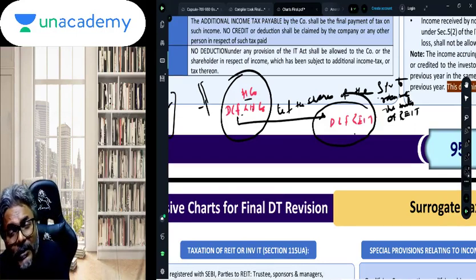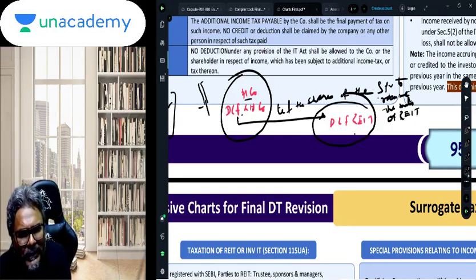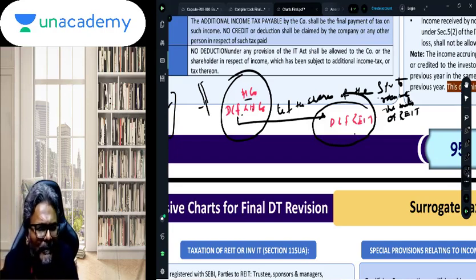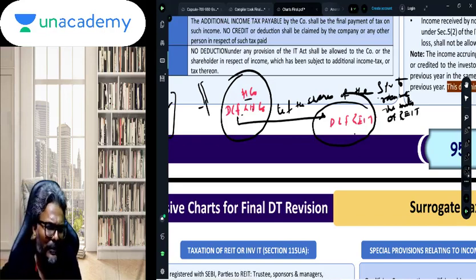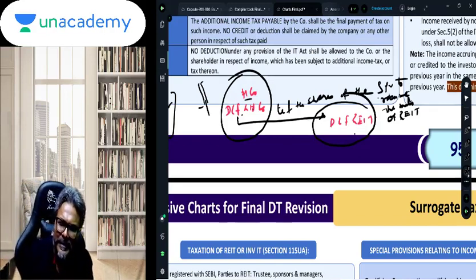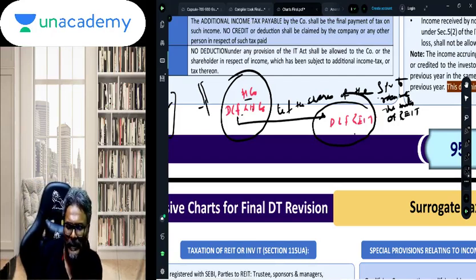Because if it is long term, be careful here, whether the period of holding of the shares in the SPV will also be considered or clubbed with the period of holding of the unit of the REIT. Will that be clubbed or not? And the answer is yes. By clubbing it, if the period of holding exceeds 36 months, then it is long term, or else it is short term. So again, keep this particular point in mind, students, very important.